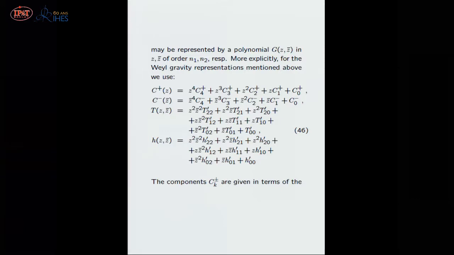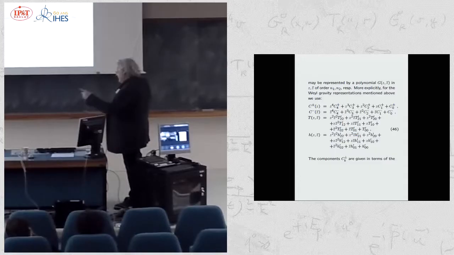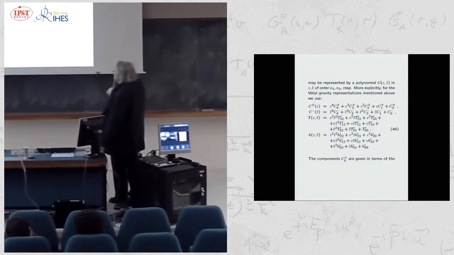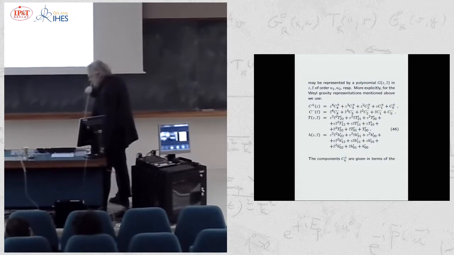So you see, again, I'm using the bookkeeping device z and z bar. With Maxwell we had polynomials of second order. Here you have polynomials of fourth order. The T is a polynomial of z, z bar. And this is, of course, because of their signatures.